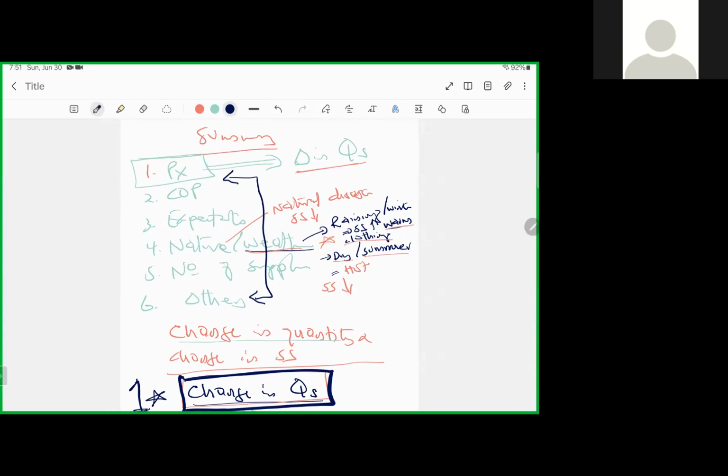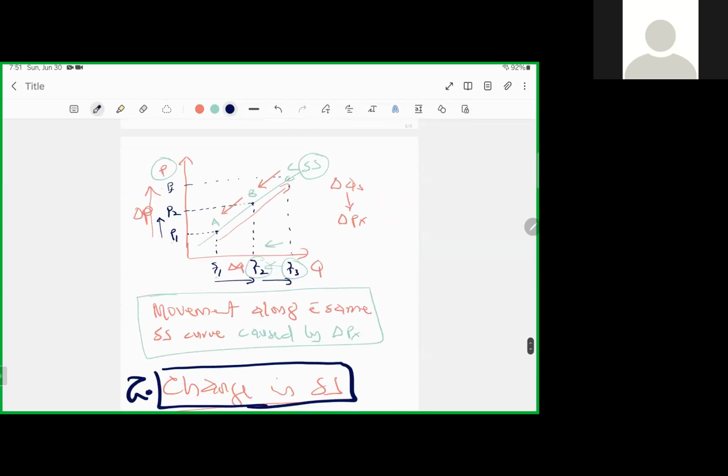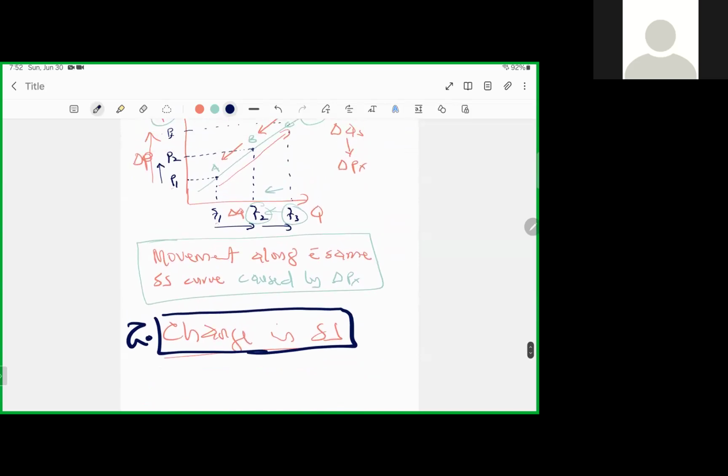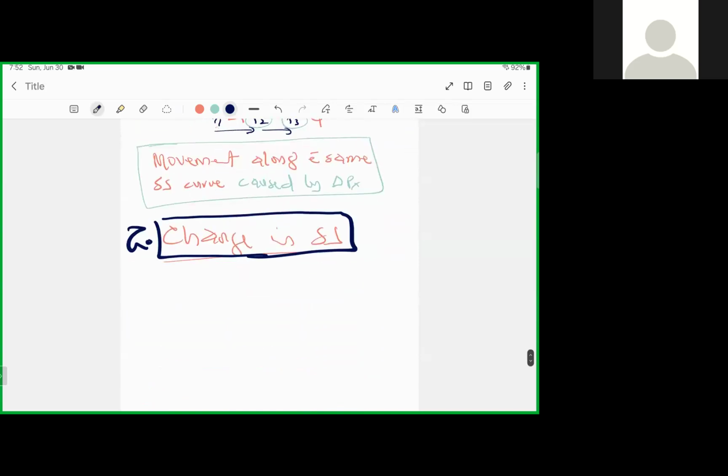So when there is a change in price, it causes a change in quantity supplied. But when there is a change in cost of production, a change in expectations, a change in nature or weather, or a change in the number of suppliers, or a change in other factors, the quantity we are looking at will not change, but the supply curve itself would have to change.